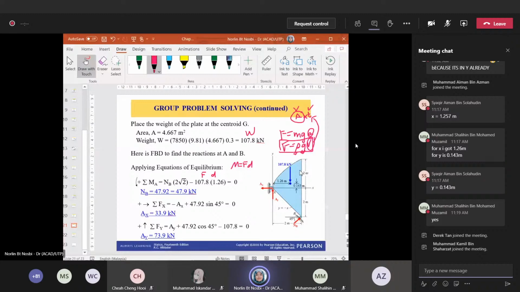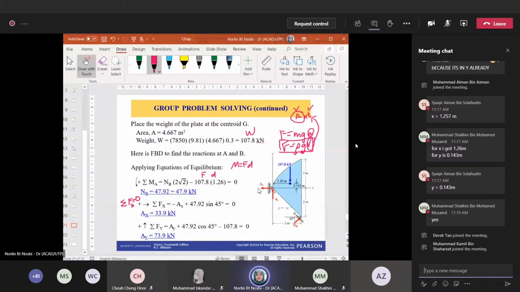Okay, now let us do the summation of Fx equals 0. The direction going to the right side will be positive. So how many forces are here?